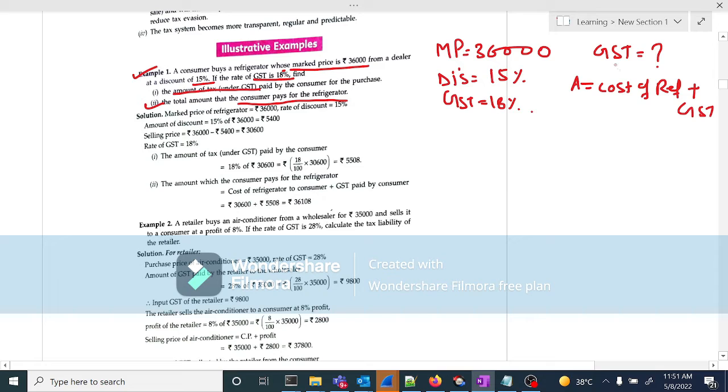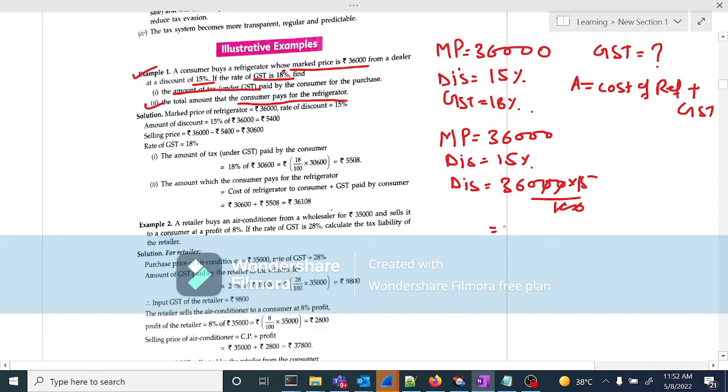So first we'll try to find what is the selling price, right? Because we have a marked price of 36,000. We have a discount of 15%. So the discount will be how much? 36,000 times 15%, right?